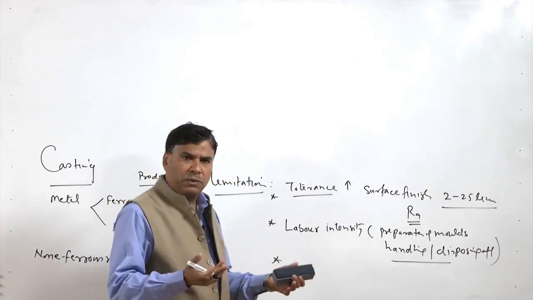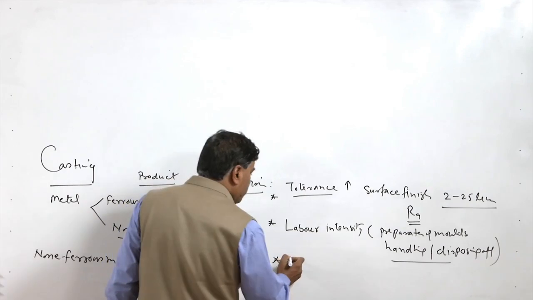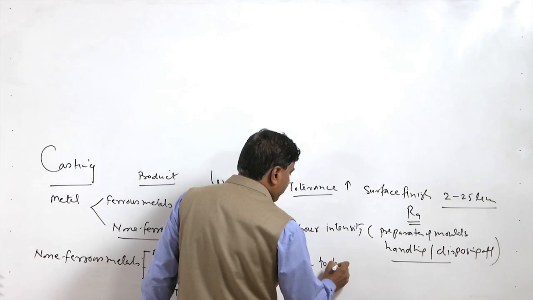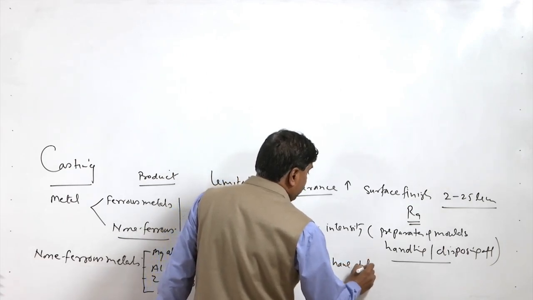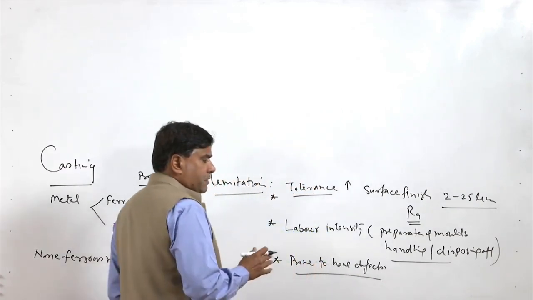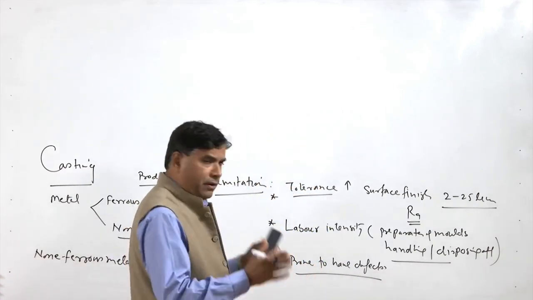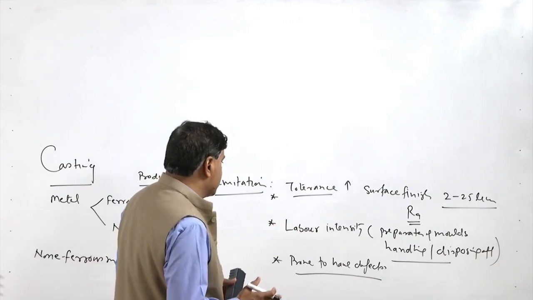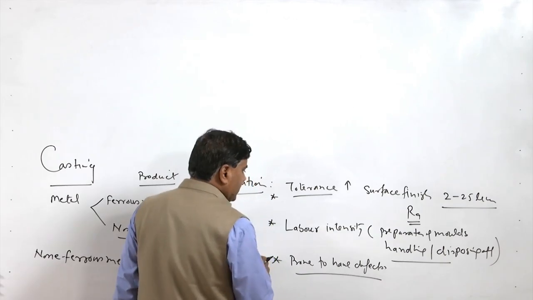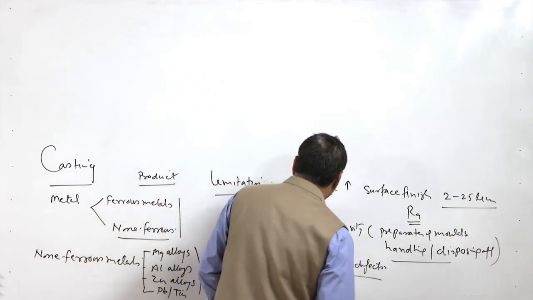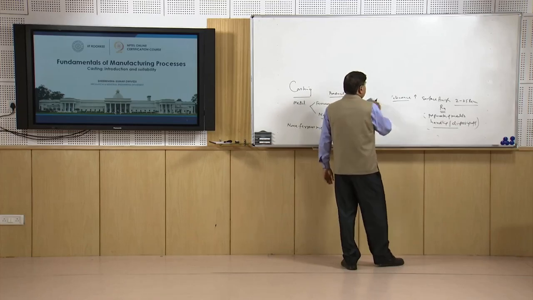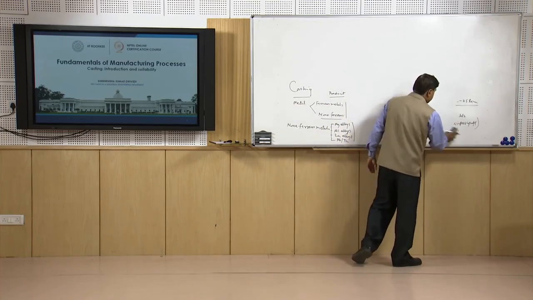Depending upon the cooling conditions, castings are prone to have defects if things are not controlled properly in terms of the design, mold, or gating and riser design. So, these are the limitations related to the casting process as a whole.